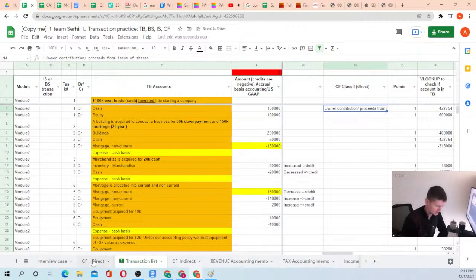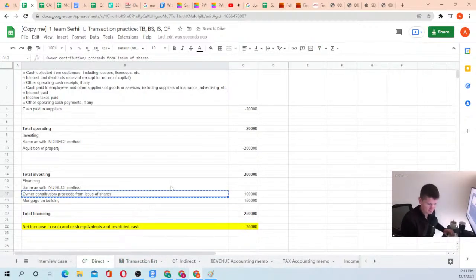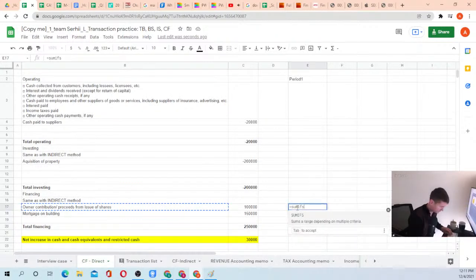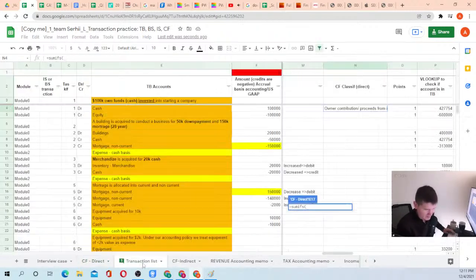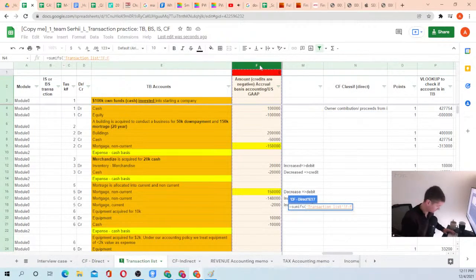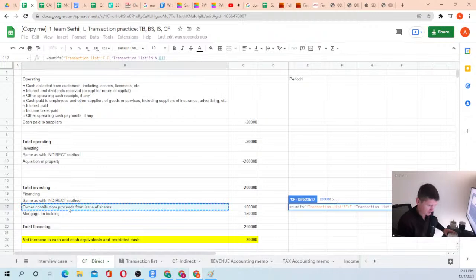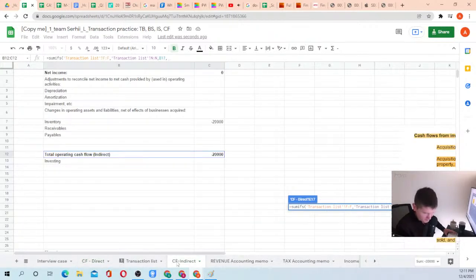Now, to see that we are doing everything correctly, let's do the sumifs formula already. Sumifs, transaction list amounts, comma, then we will look up account, comma, we will look into that caption, comma, and then we will check periods.